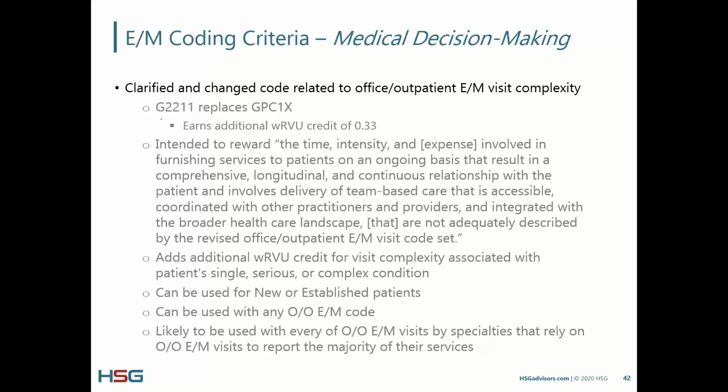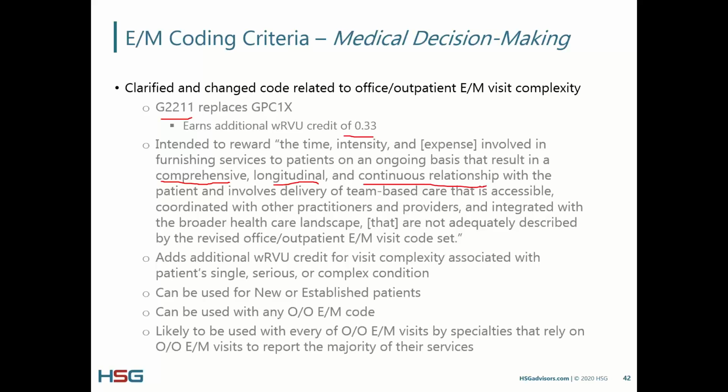It's now G2211. It gets an additional RVU credit of 0.33. This is the CMS quote, and what its intent is. But basically, it's to recognize comprehensive, longitudinal, continuous relationships with the patient, and involves delivery of team-based care that's coordinated with others.